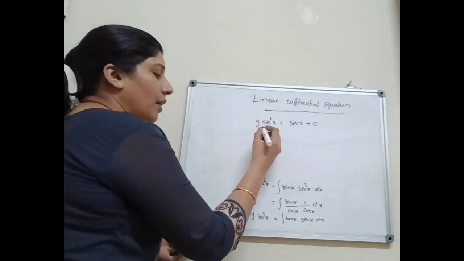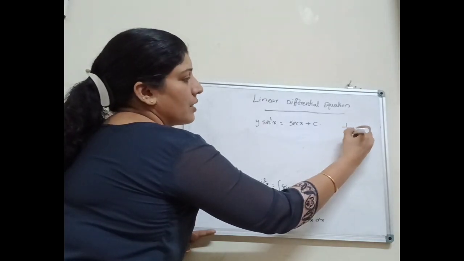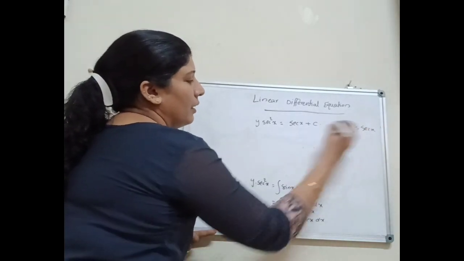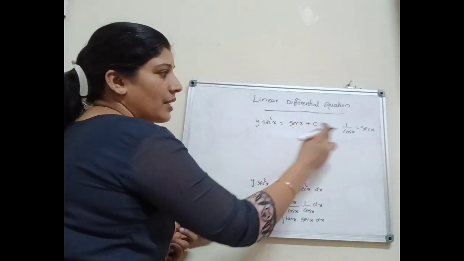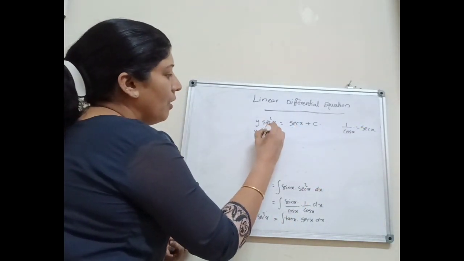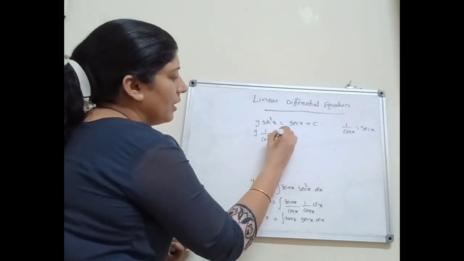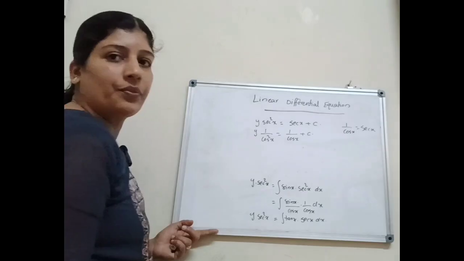Next, we have to consider 1 by cos x equal to sec x. Therefore, sec square x can be changed into 1 by cos square x and sec x can be changed into 1 by cos x. Therefore, y into 1 by cos square x equal to 1 by cos x plus c.